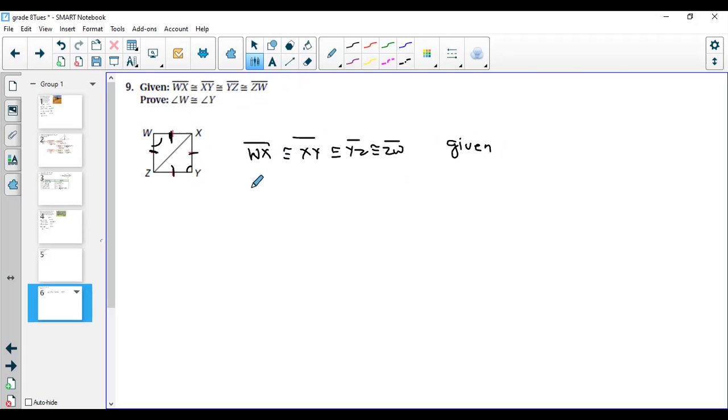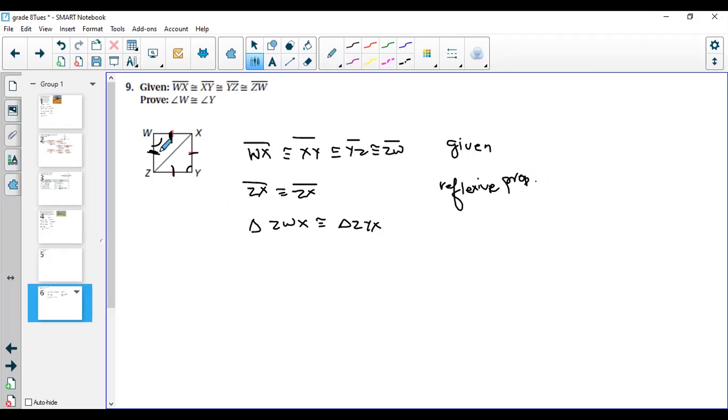This thing, ZX is congruent to ZX because of the reflexive property, right? Then finally, you can say triangle ZWX is congruent to triangle ZYX because of what? Which theorem did we use here?